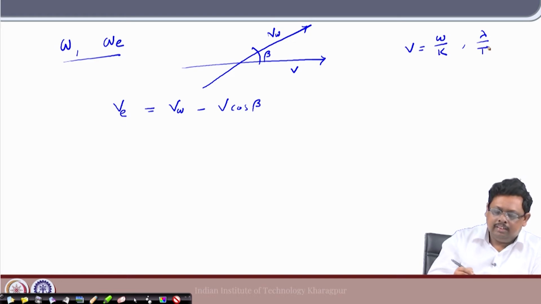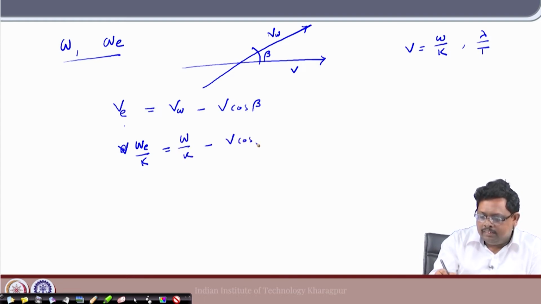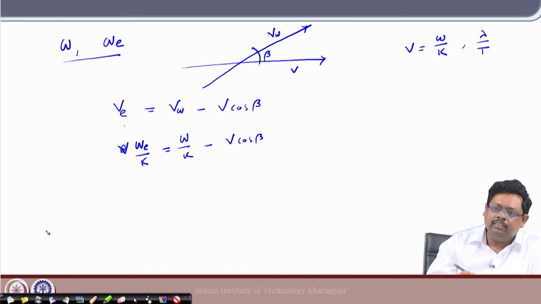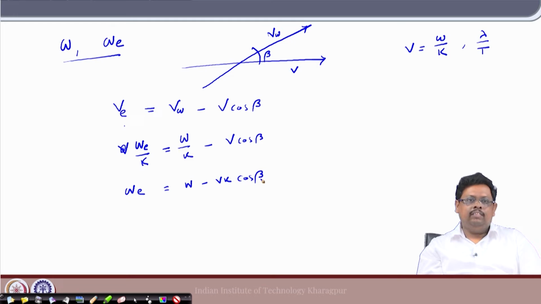Therefore, we can write omega e by k equal to omega by k minus v cos beta, and then if you multiply throughout by k, we get omega e equal to omega minus v into k into cos beta. This is one way you can find it out.